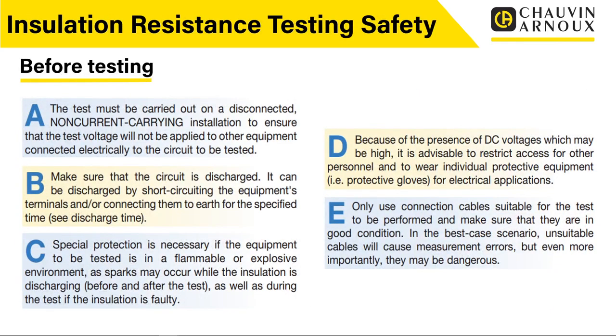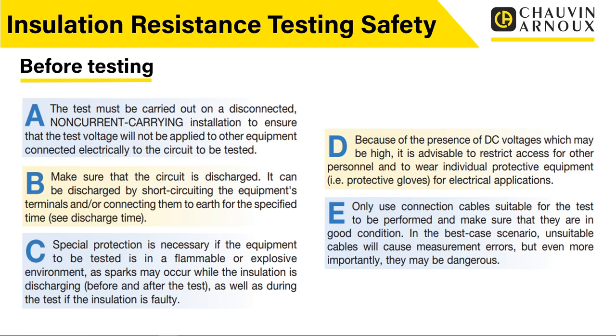Because we're using quite high voltages, as you've seen there, typically we're talking of test voltages up to 1000 volts in this case, and typically around 500 volts. Now, the way these are applied by the insulation resistance tester, we're not talking huge amounts of current.